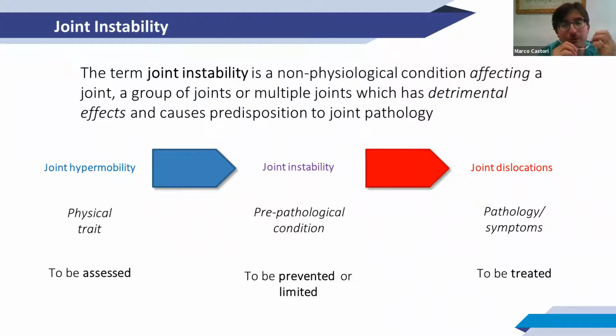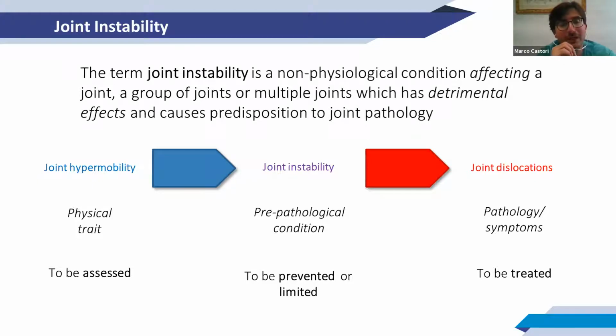In my view, joint instability is something in the middle between joint hypermobility and clinical manifestations such as joint dislocations. Joint instability can be intended as a pre-pathological condition bridging the gap between joint hypermobility and joint dislocations and other clinical manifestations of joint hypermobility.